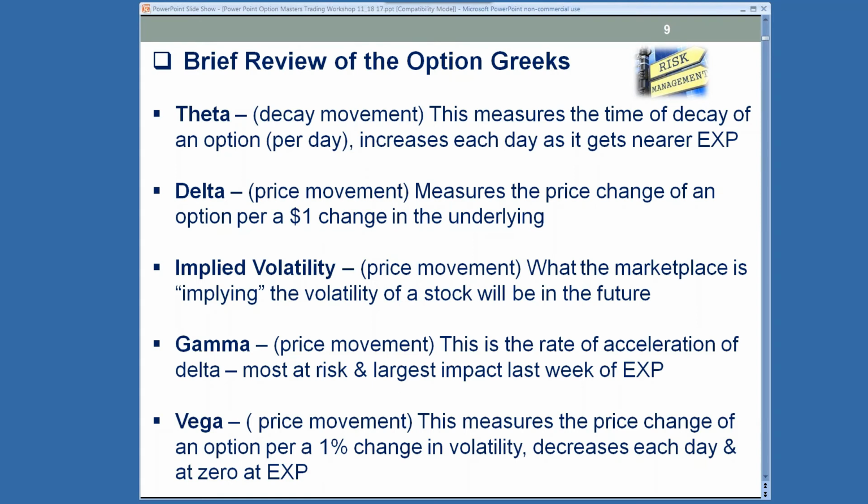So you're going to see that it's most at risk and largest in the week of expiration and the day of expiration. And then vega also for price movement. This measures the price change of an option per a 1% change in the volatility, and this will also decrease each day and goes to 0.